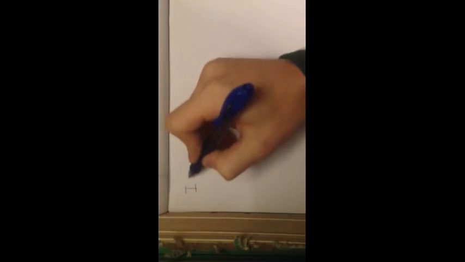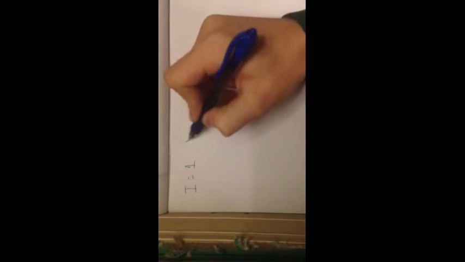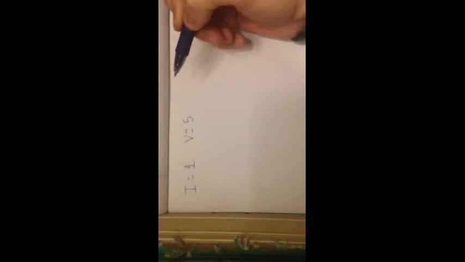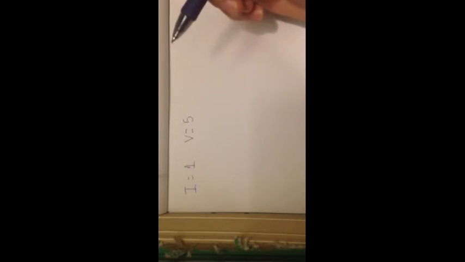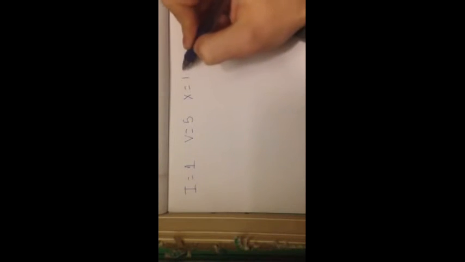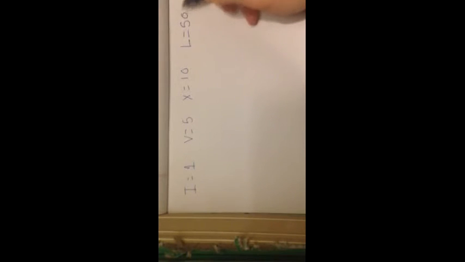So the Roman numerals, they use seven main numerals. They use an I to represent 1. They use a V to represent 5. They use an X to represent 10. They use an L to represent 50.